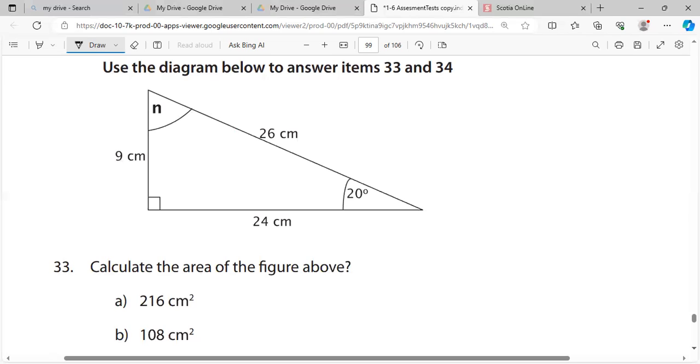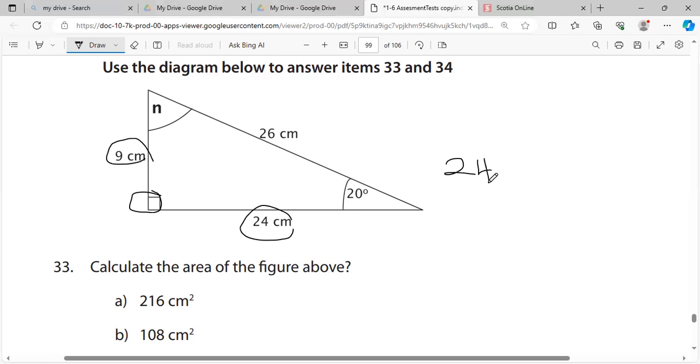Number 33 and 34, it says use the diagram below to answer items 33 and 34. Calculate the area of the figure above. So this is a right angle triangle. And basically, once one angle is equal to 90 degrees, that's a right angle. So what we can do is find the base, which is 24, times it by the height and divide by 2.